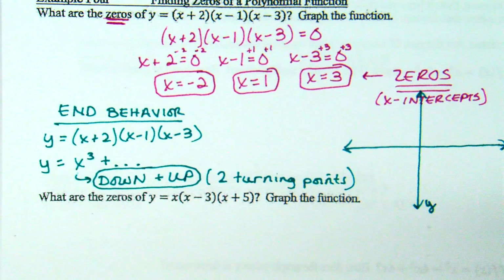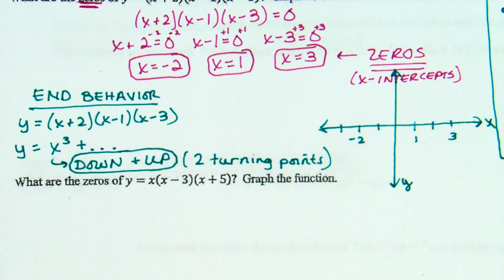Okay, so think about everything we've talked about. What do we know is on this graph? What did I say those zeros are?